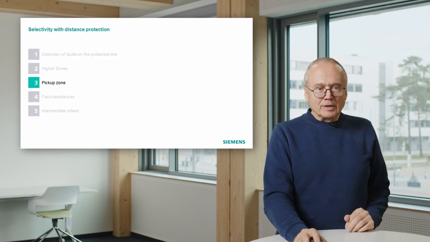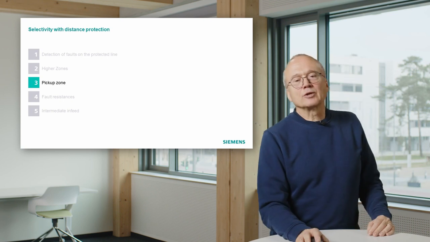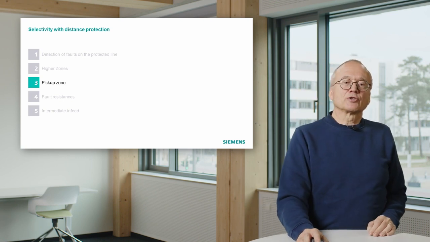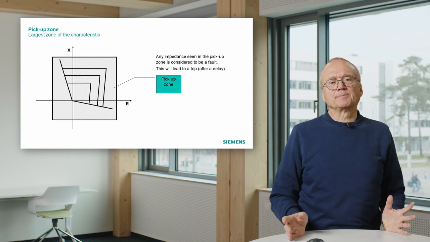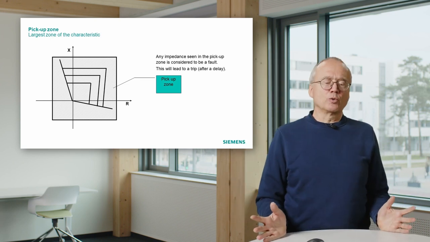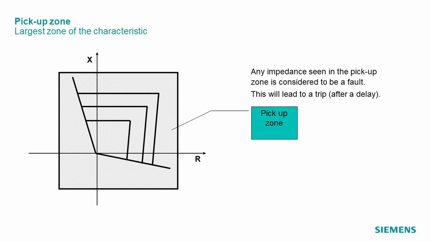And then, if you look into a manual of a protection relay, you often find in the description a so-called pickup zone. What is that? Actually, the pickup zone is the outer zone. That means, depending on how many zones you have, it's the biggest zone. In some relays, it has a different name.